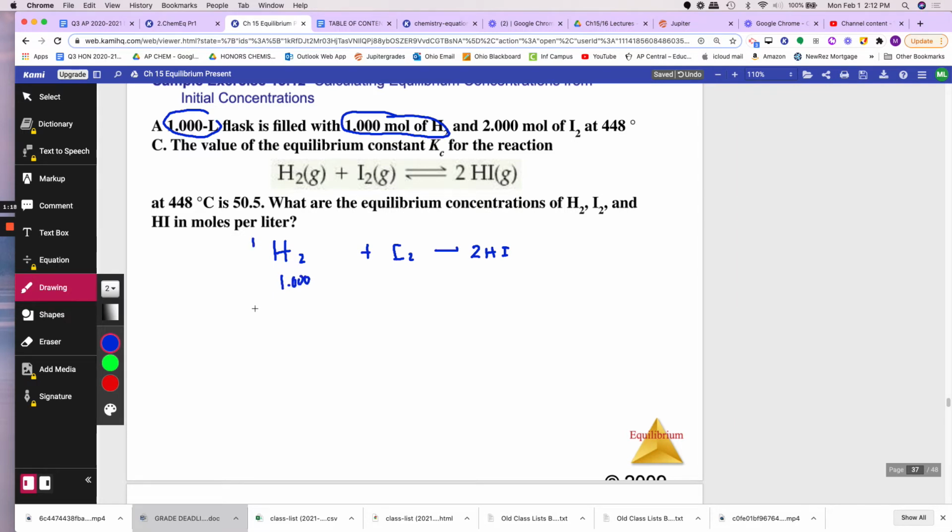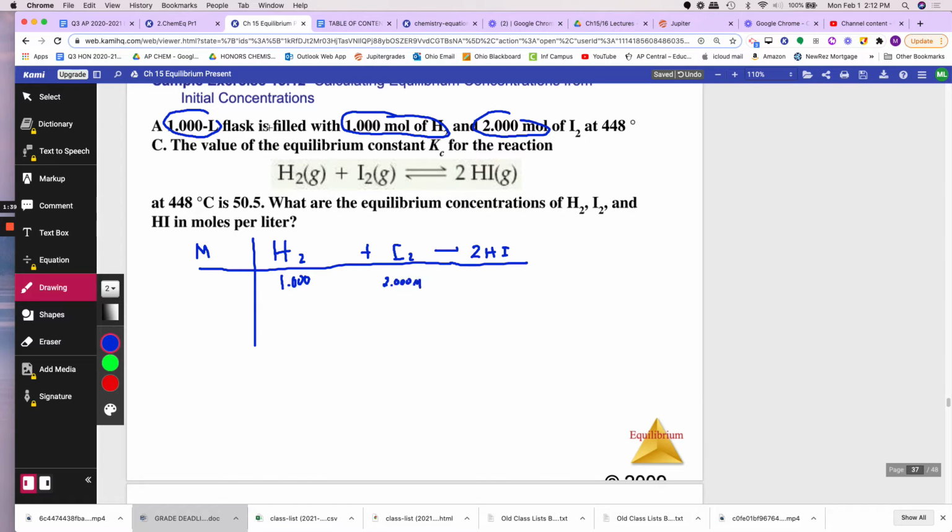And we're going to use molarity here. You can also use moles in the ICE box, but in this case we're going to use molarity. For I2, you have 2 moles of I2 in 1 liter, so it'll be 2 molar. 2 moles for every liter is 2.00 molar.